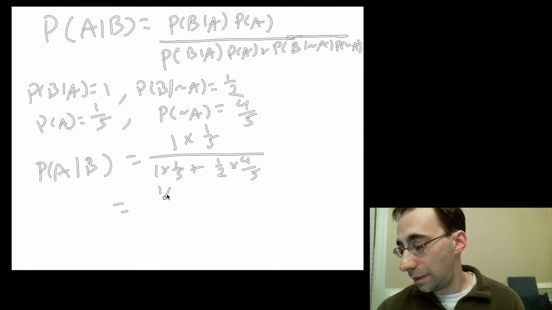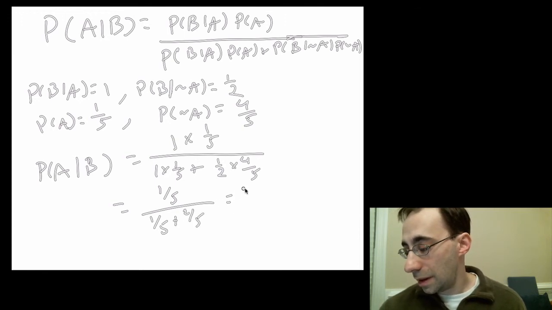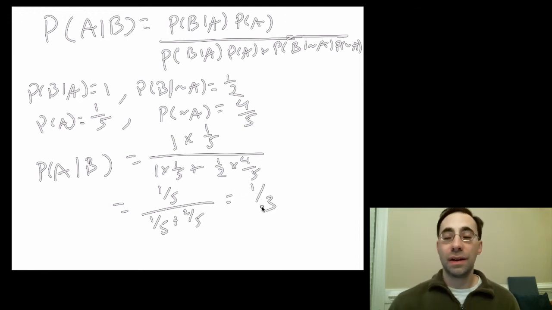What's this? Well, it's 1/5 divided by 1/5 plus 2/5, which equals 1/3.